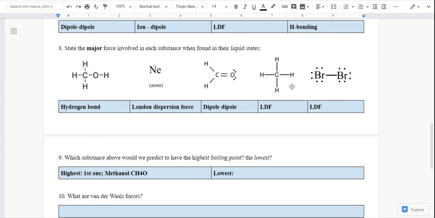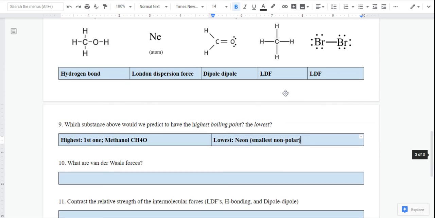Methane is CH4. It's got 16 electrons, but neon only has 10. So it's the lightest, it has the fewest. So it's the smallest nonpolar molecule, and so its boiling point is like negative 250 compared to negative 180.